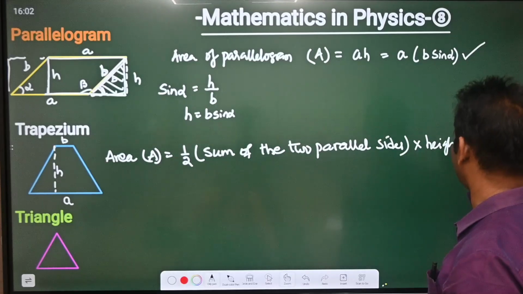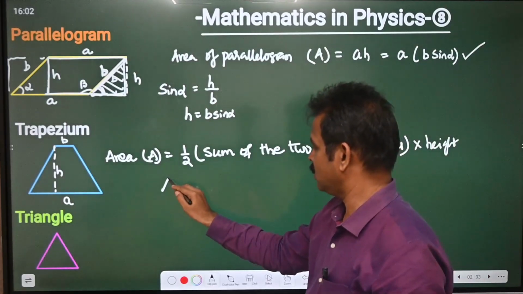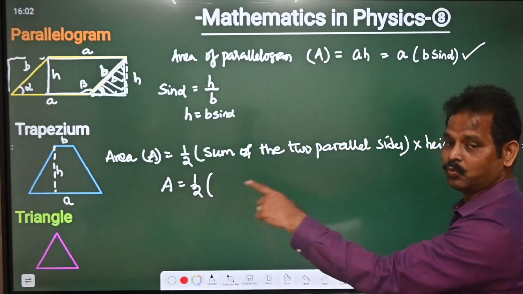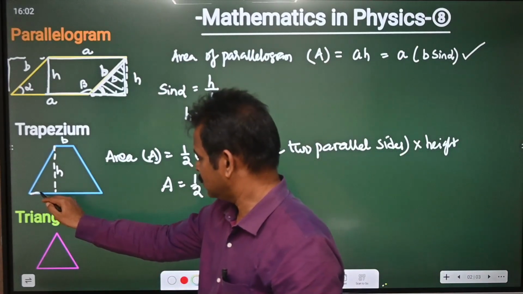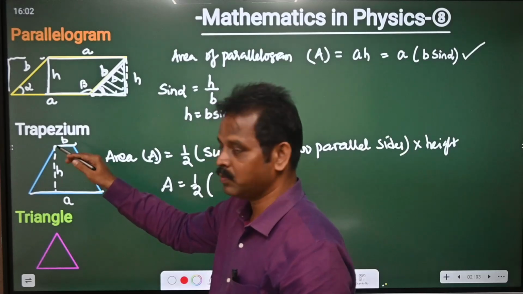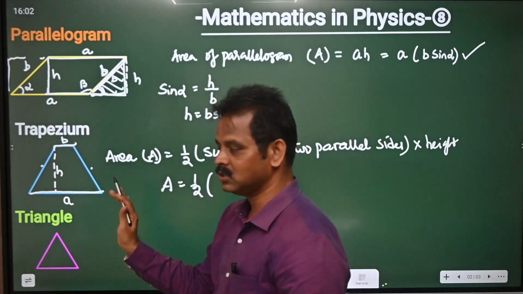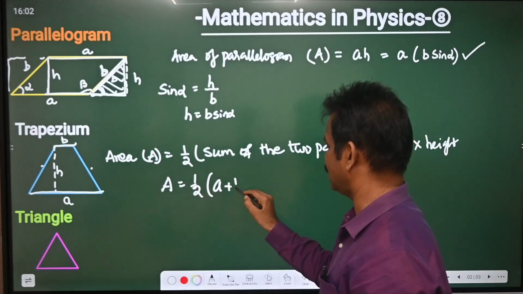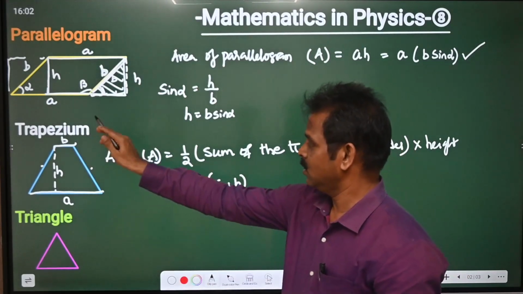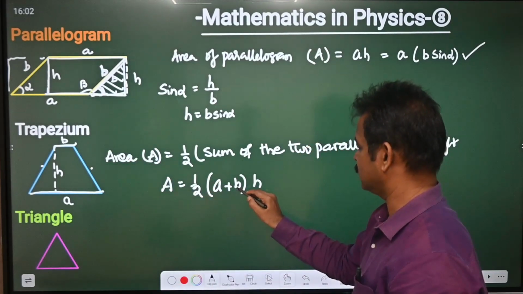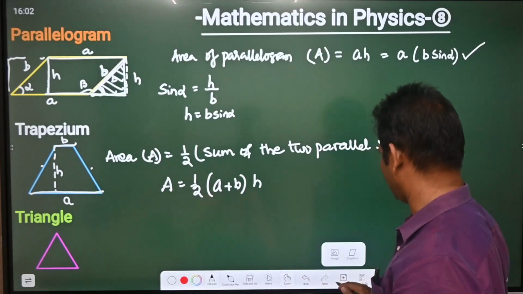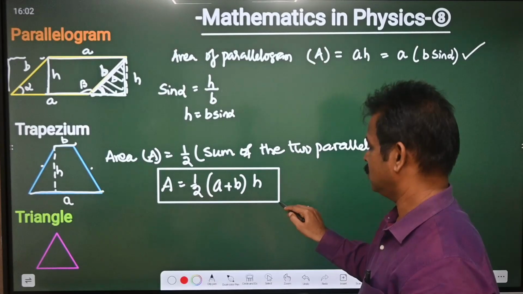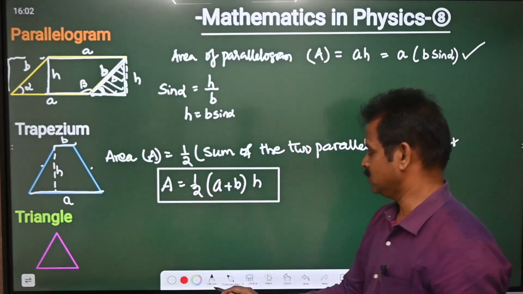In this, this is the first side, this is second side, both are parallel, but these two sides are not parallel, so we have only the two parallel sides, that is A plus B, into height H. So this is the formula to find out area of a trapezium.